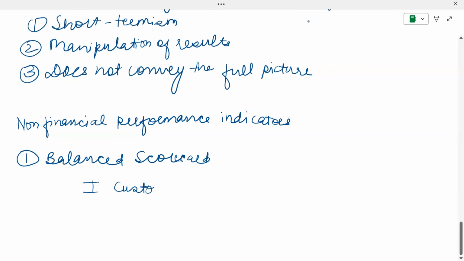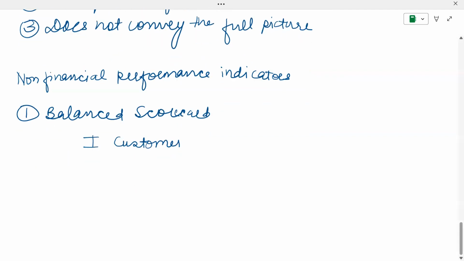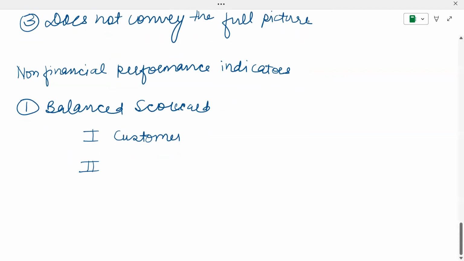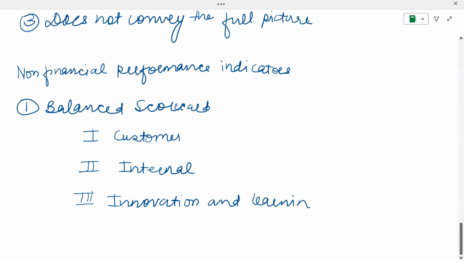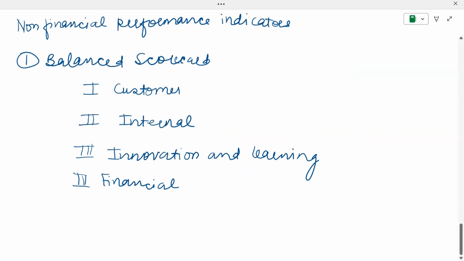First is the customer perspective, how happy, how satisfied the customers are with the products and the policies of the business as a whole. Then internal perspective, so over here the management, the employees. Then you talk about innovation and learning, what the business is doing to continuously improve in what it does. The research and development, are we doing any innovations? And then fourthly, financial, because money is important too. So how good are we doing financially? So this is what balanced scorecard does.